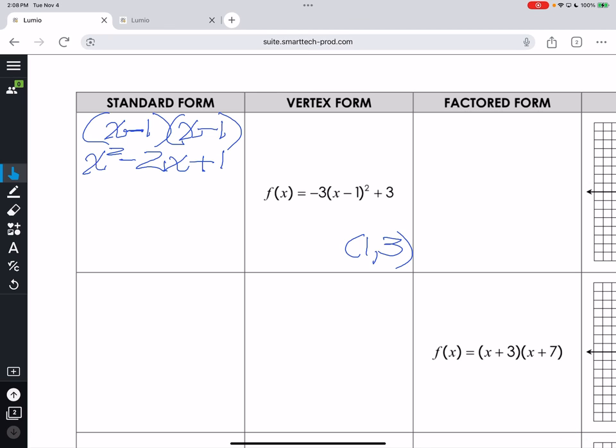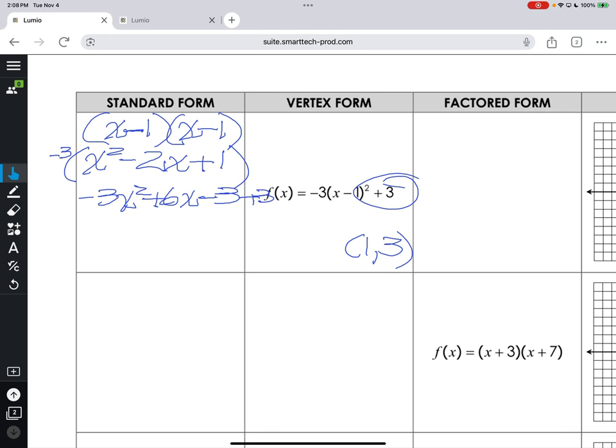Then we need to take the -3 and distribute that. So that gives us -3x squared plus 6x minus 3, and then plus 3 for that very last part from the vertex form.